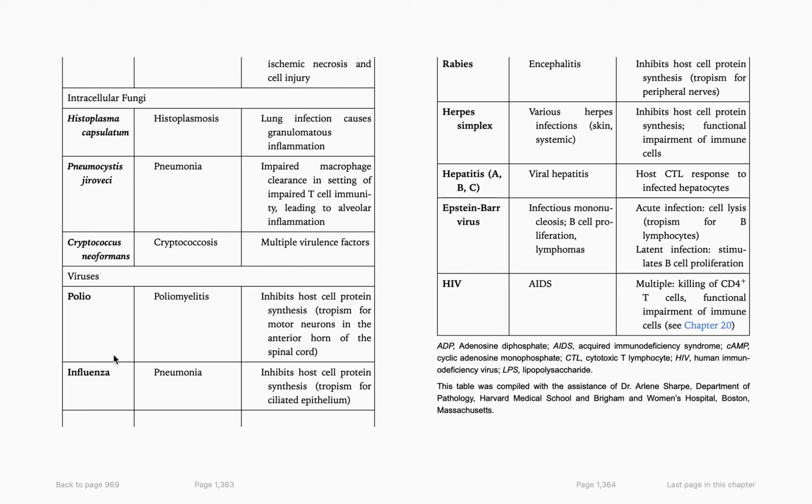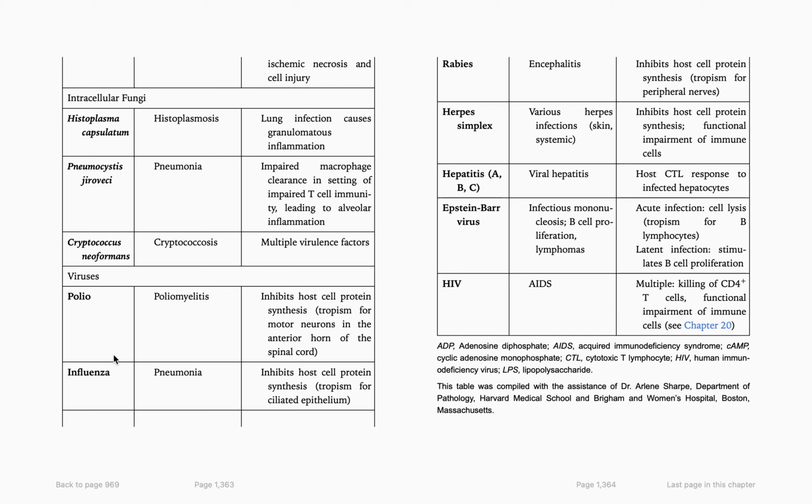Rabies causes encephalitis; it inhibits cell protein synthesis, with tropism for peripheral nerves. Herpes simplex causes various types of infection, skin and systemic, inhibiting host cell protein synthesis and impairing the function of immune cells. Hepatitis A, B, and C are viral hepatitis, with host cytotoxic T cell response to infected hepatocytes.